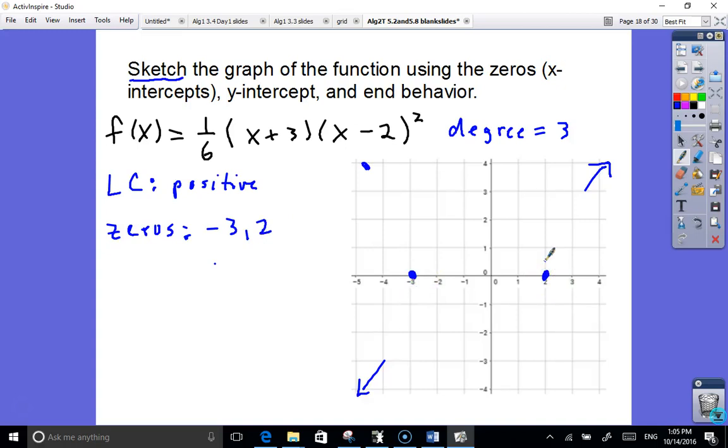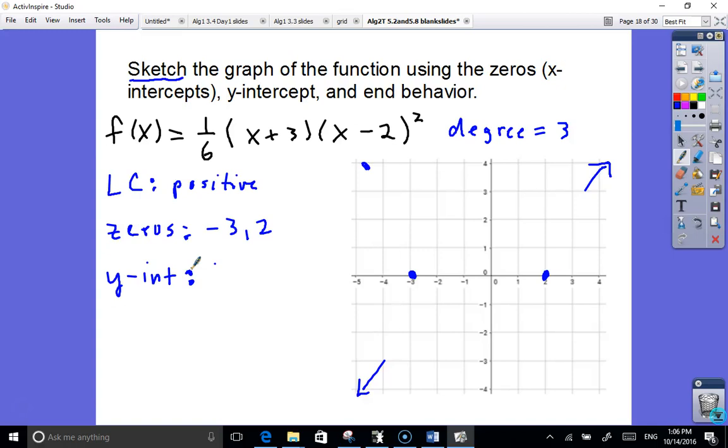Okay, and then it says find the y-intercept. How do we find the y-intercept of a function? Put x equals 0, right? On the y-axis, x equals 0. So if you substitute x equals 0 and solve, you'll get it.